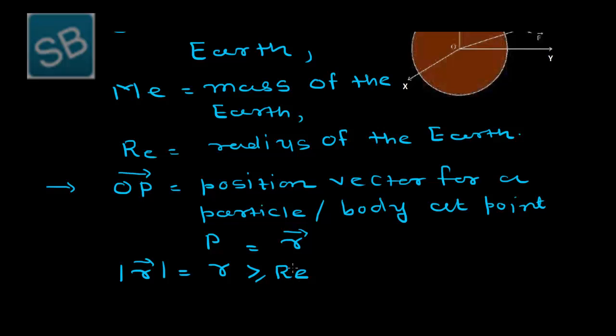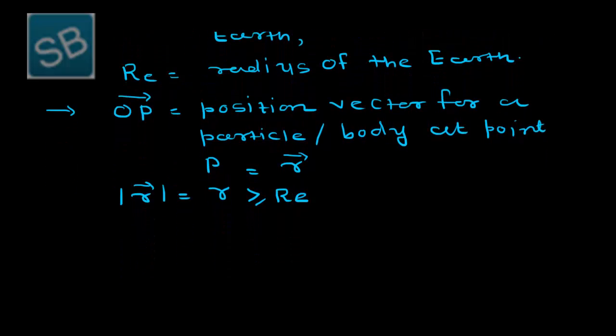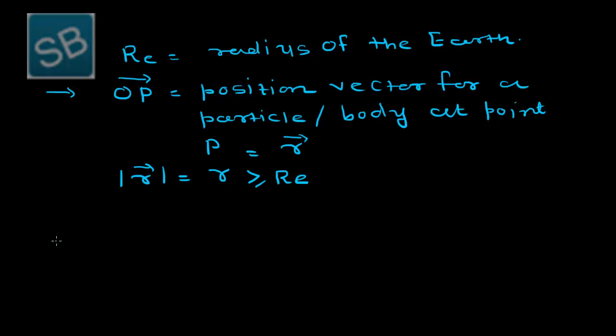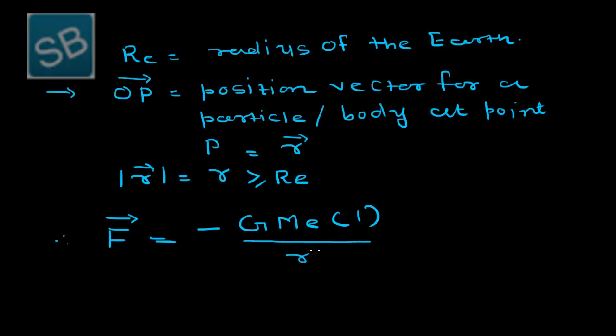And so at this point, the Earth's gravitational force of a body, that means F, is given by minus G mass of the Earth into mass of the second body, and here the body is of unit mass, so I am putting 1 over here, divided by r square into the unit vector r cap. And this force is not constant.